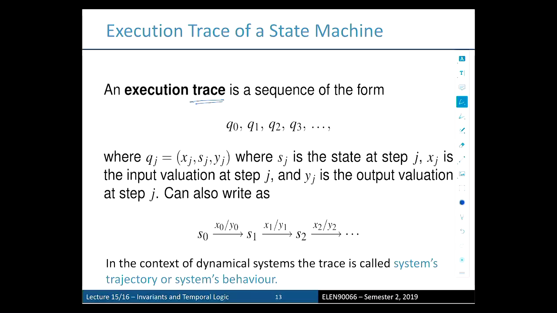In the next time step, I record the same thing. Next time step, I record the same thing. If I just put them back to back, so each of these Q i's corresponds to that situation, and I record the whole thing, that is an execution trace of the finite state machine. That's just the name that we give to this sequence.